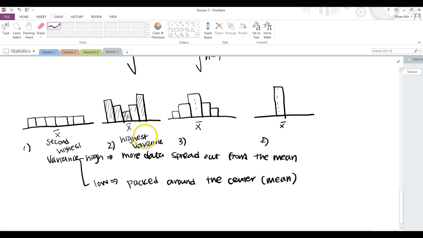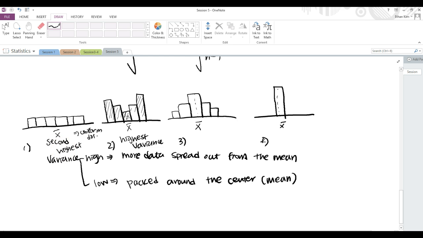And we call this uniform distribution, but you don't have to know this. The data are spread out evenly, right? It's not really packed around the center, but it's not really spread far away from the mean either.